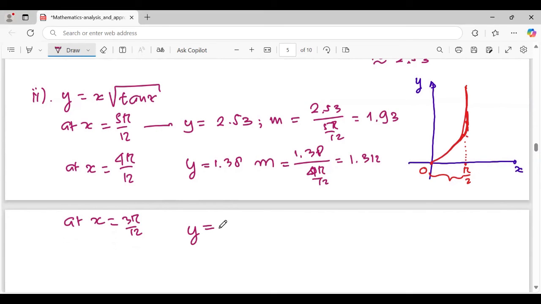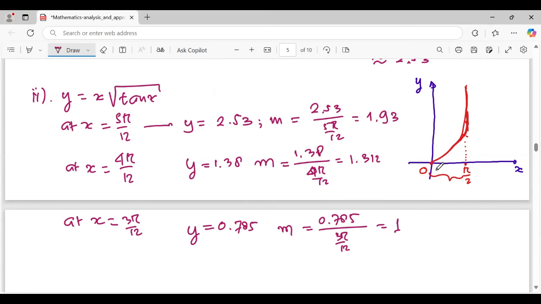Okay, y equals 0.785. I have calculated this already, and the gradient is 0.785 over 3 pi over 12, and the result is also 1.